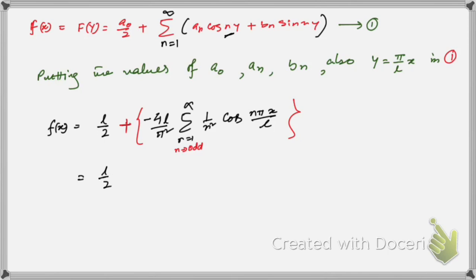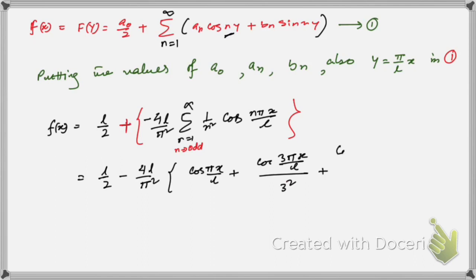Then you will get L by 2 minus 4L by pi square, then you will get cos pi x by L plus cos 3 pi x by L by again 3 square plus cos of 5 pi x by L by 5 square.